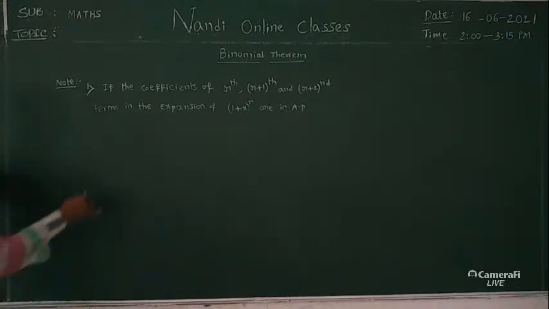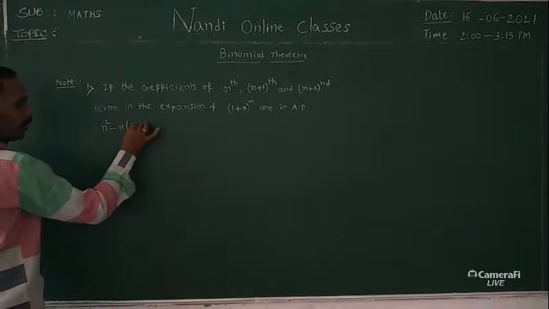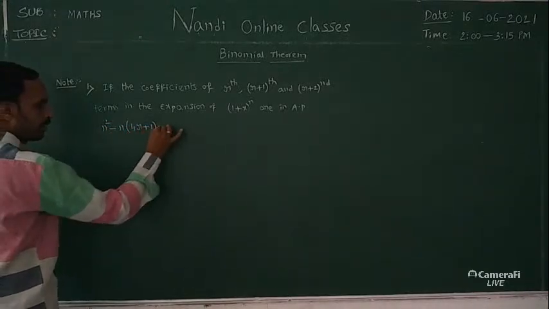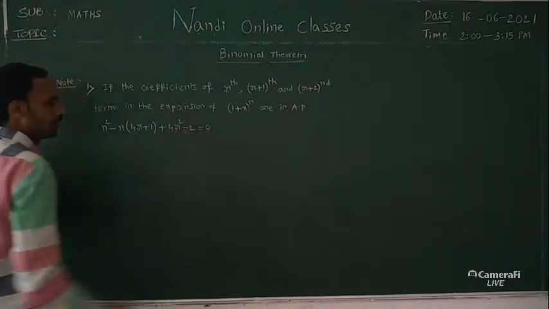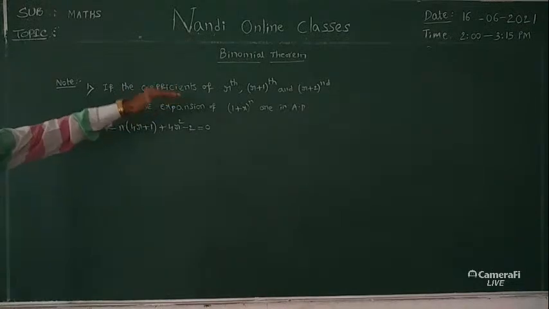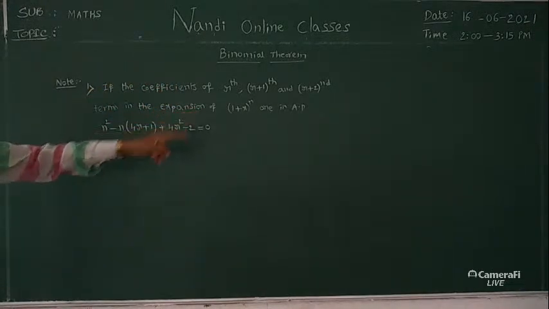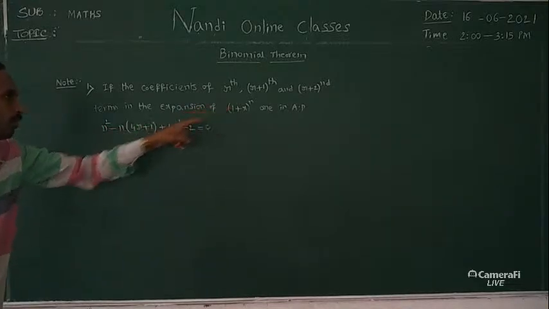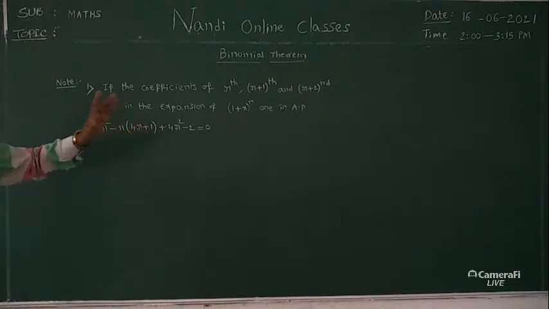What is the formula? n square minus n into (4r plus 1) plus 4r square minus 2 is equal to 0. Suppose the coefficients of the rth term, (r plus 1)th term and (r plus 2)th term are in arithmetic progression. What is the formula to find n? It is n square minus n into (4r plus 1) plus 4r square minus 2 equal to 0.